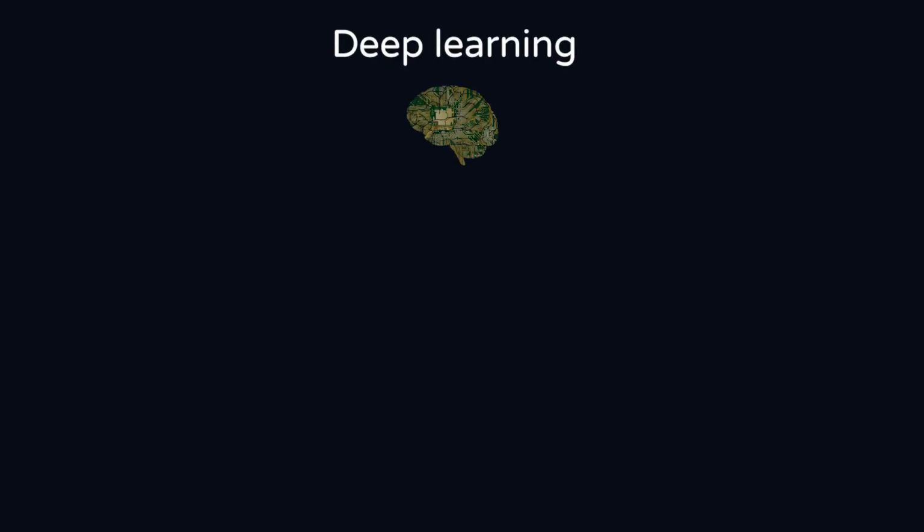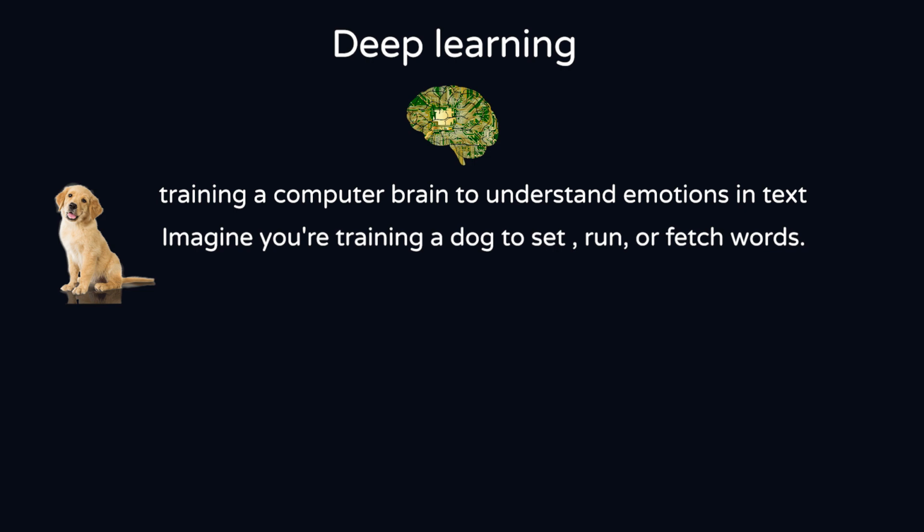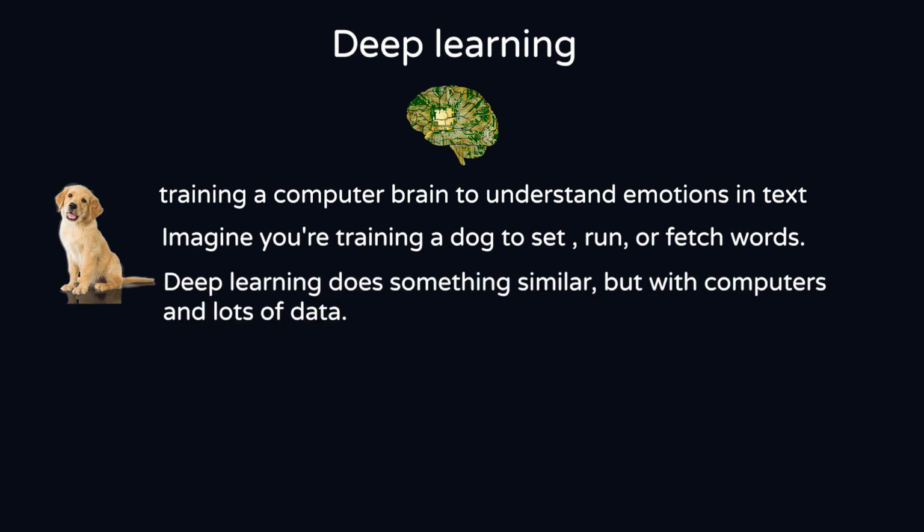Let's look at deep learning. Deep learning is like training a computer brain to understand emotion in text. It's sort of like teaching it to read between the lines and understand what people feel and say. Imagine you're training your dog to recognize a few words like sit or run or fetch. Deep learning is doing something similar but with a computer and a lot of data.